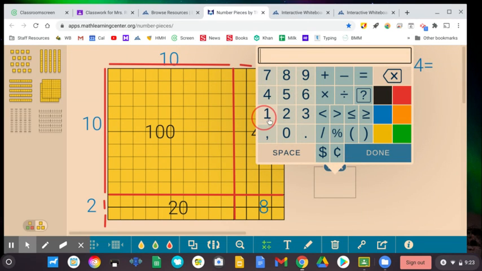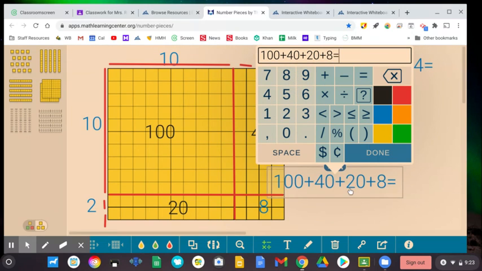We have 100 plus 40 plus 20 plus 8 equals, and now we have to add this up. 100 plus 40 plus 20 plus 8.